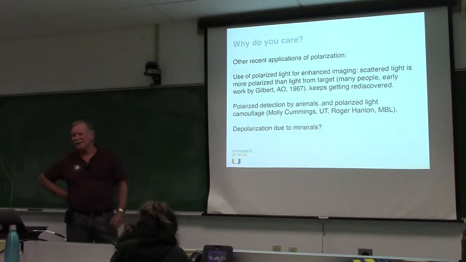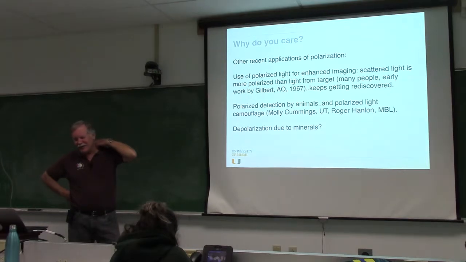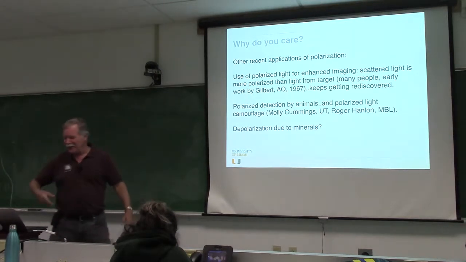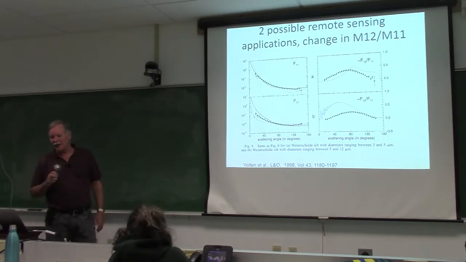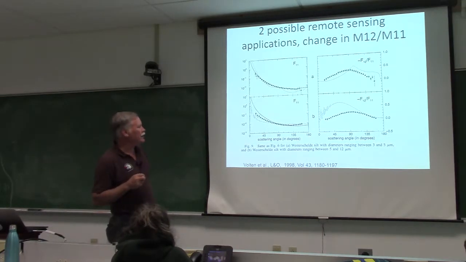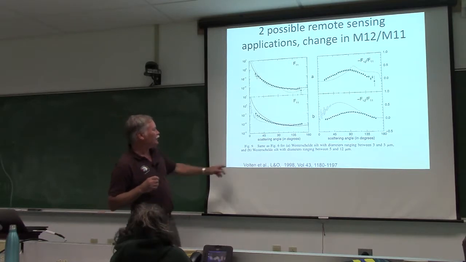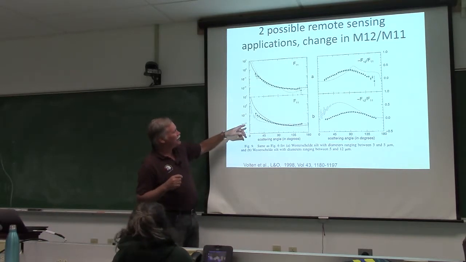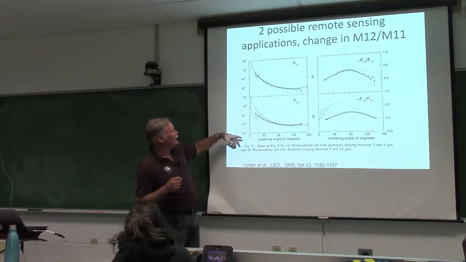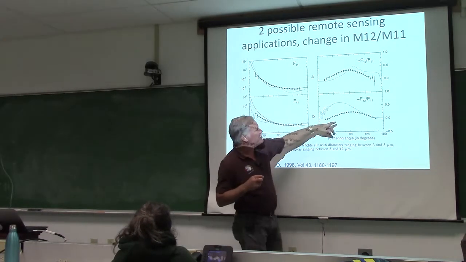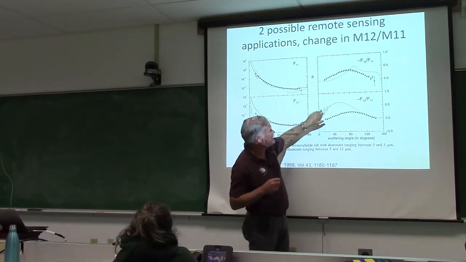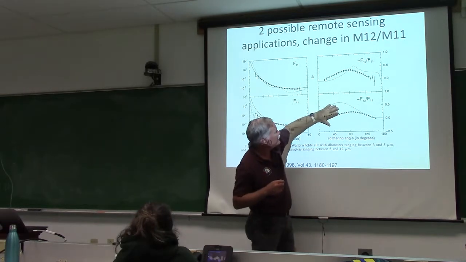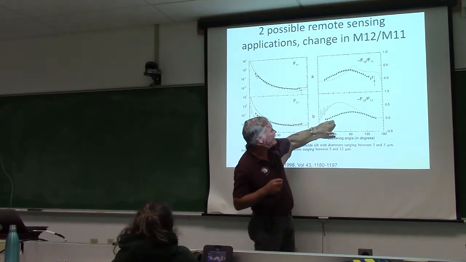Cephalopods have polarized vision. Anyway, depolarization due to minerals, remote sensing applications: Voss, I believe, measured different silts, and as opposed to what I showed you for the 1-2 element of the Mueller matrix, he ends up with something, this is minus, so you have to flip over my diagrams.